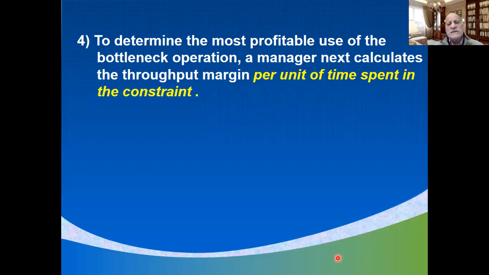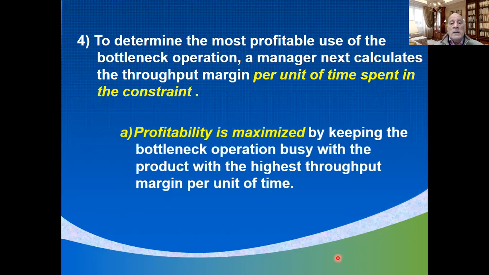To determine the most profitable use of the bottleneck operation, a manager next calculates the throughput margin per unit of time spent in the constraint. Notice that profitability is maximized by keeping the bottleneck operation busy with the product with the highest throughput margin per unit of time.